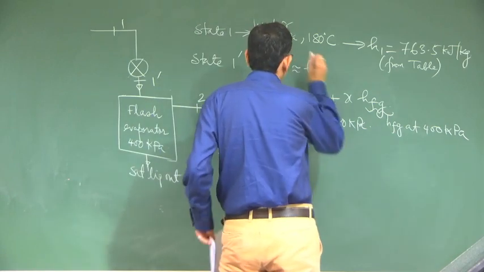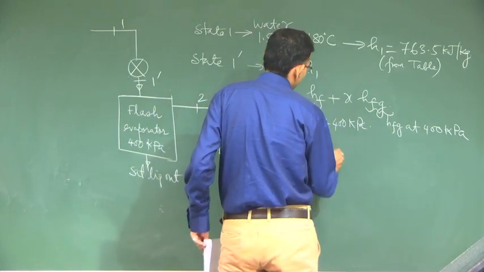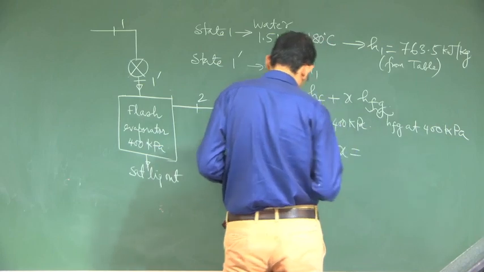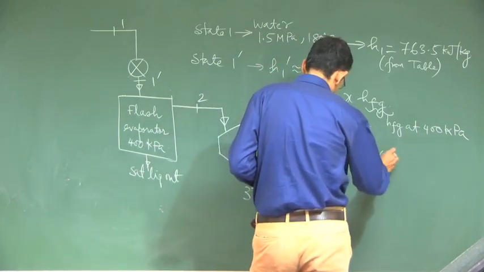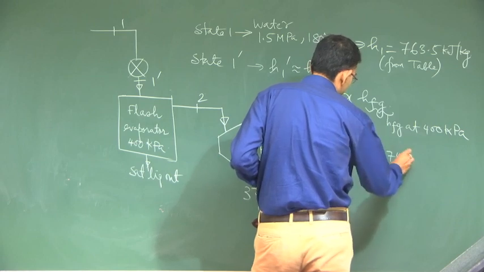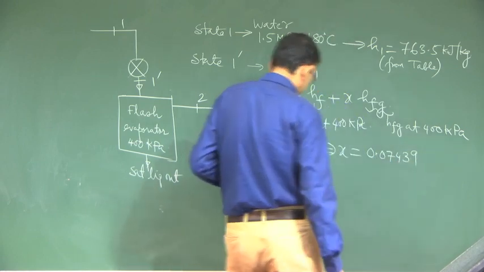You know H1, so from here you can find out what X is. X you will get as 0.07439, this is the quality.